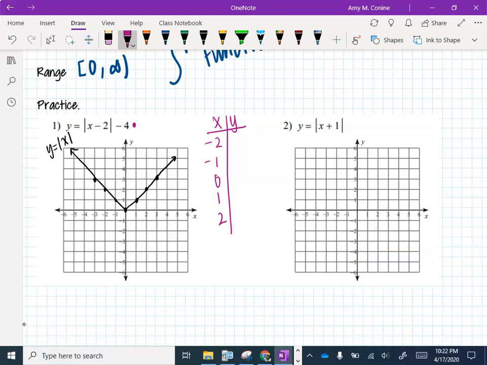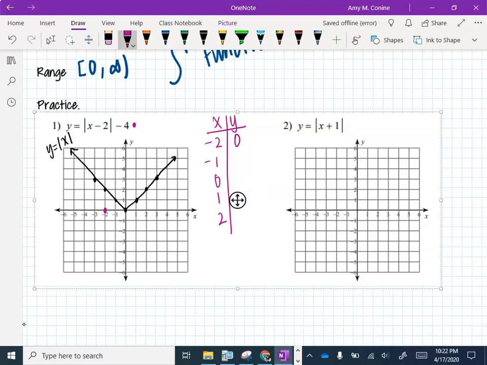That'll change to a positive 4. 4 minus 4 is 0. So that's a big change right there. So -2, 0. I plug in 1. I get -1 minus 2, which is -3. Changes to positive. So 3 minus 4 gives me -1.